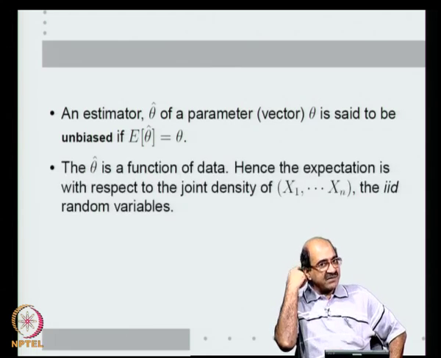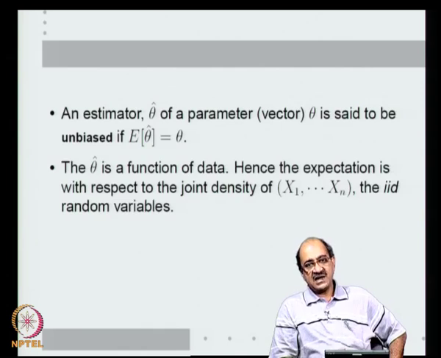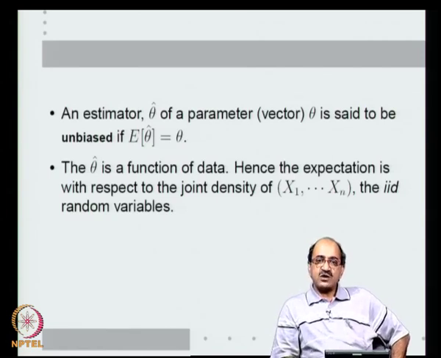When we say expectation of theta hat, that is because theta hat is random, that is, theta hat is a random variable. Why is theta hat a random variable? Because theta hat is a function of the data, x1 to xn, and these are IID random variables. When we say expectation of theta hat, we mean the expectation with respect to the joint density of x1 to xn, because the joint density of x1 to xn is nothing but the n-fold product of the density of xi, which is f x given theta.